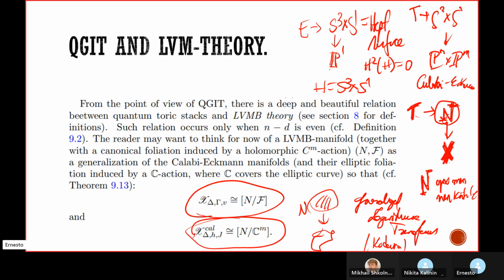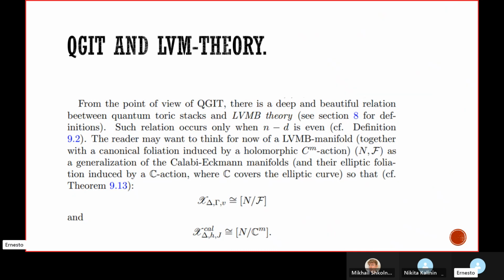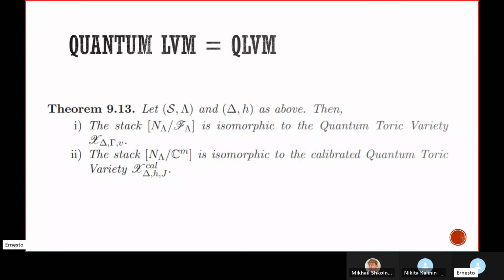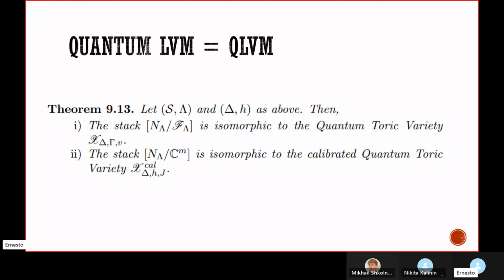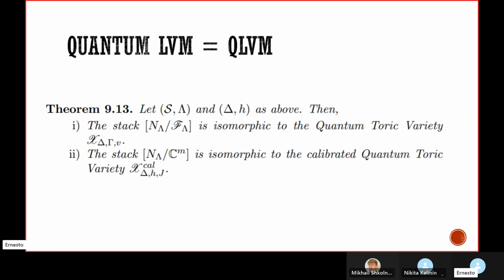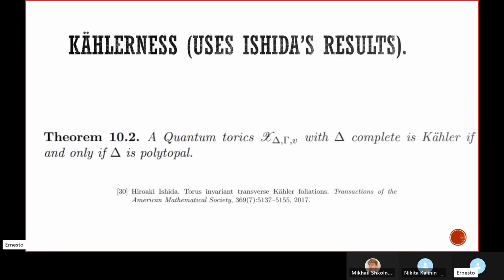This was the first way in which we saw the quantum toric varieties. Let me just say that essentially they come from an LBM manifold if and only if the fan comes from a polytope. From an LBM manifold you can recover quantum toric varieties, but which ones can you recover?